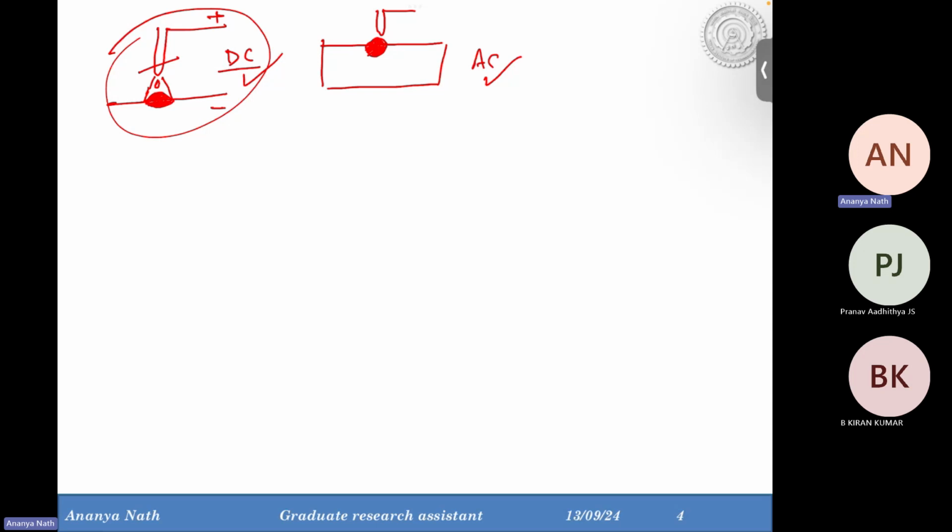So in case of WAM, you have to provide AC current, so that whenever one track is deposited, you will have an oxide layer. Now when the polarity is reversed, the oxide layer will be broken, because there will be a sudden increase in the current, and that current will just break down the oxide layer.